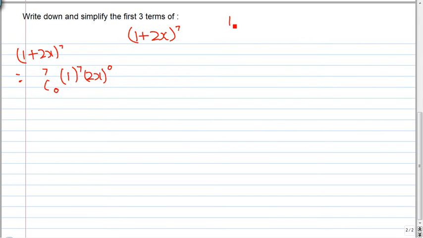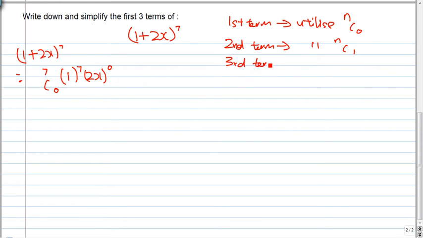For the first term, utilize nC0. For the second term, you utilize nC1. For the third term, you utilize nC2.